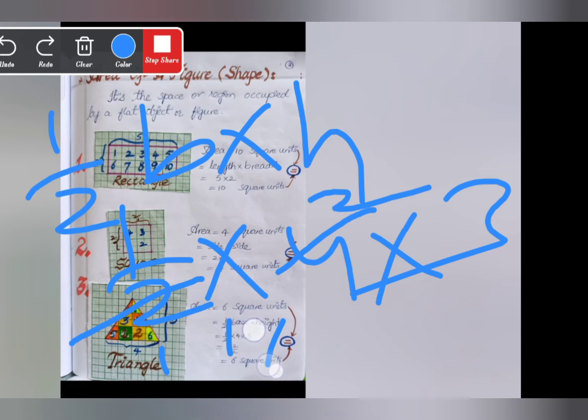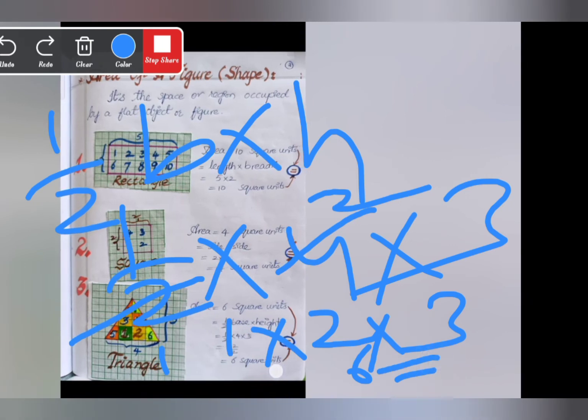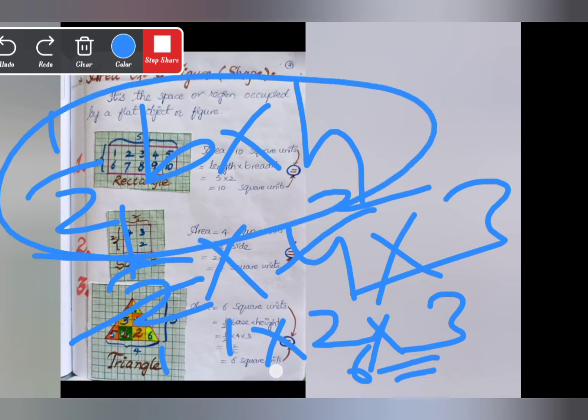What is left? 1 into 2 into 3. 3 twos are 6, 6 ones are 6. So without the formula also we got the same 6 square units. So with the formula also we are getting the same. If you want to find out the areas of various shapes, you need to use the formula, if you want to do it in less time.